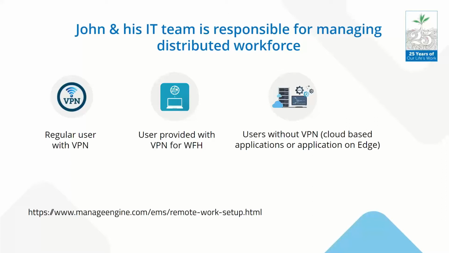In other terms, you already have a set of people connected remotely, and a good standard set of policies governing them. The second category is users you have enabled to work from a remote place because of the situation. You have given them endpoints and access to your applications via VPN.